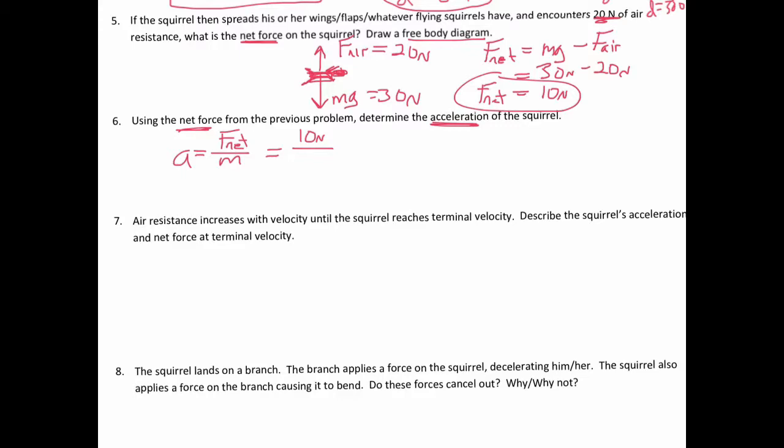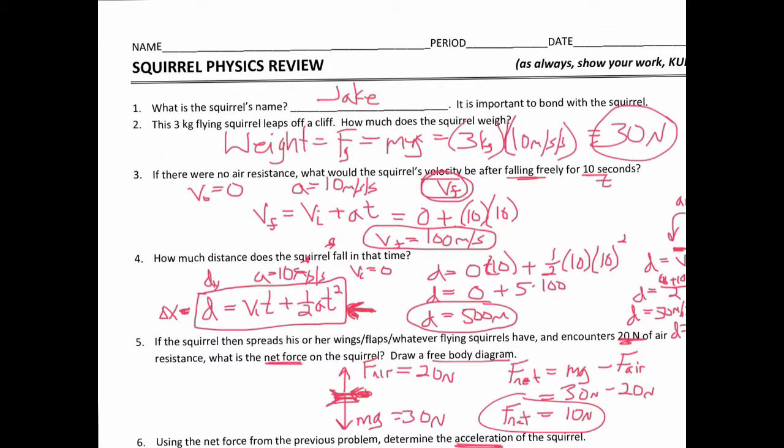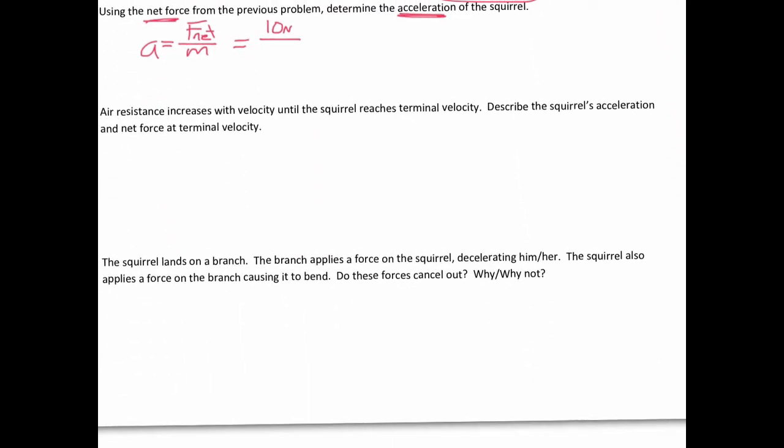Our mass, if you scroll all the way back up to number 1, was 3 kilograms. So 10 newtons over 3 kilograms gives me 3 1/3, or 3.3 repeating, meters per second squared of acceleration at that moment. A little bit less than the acceleration due to gravity because of that air resistance.